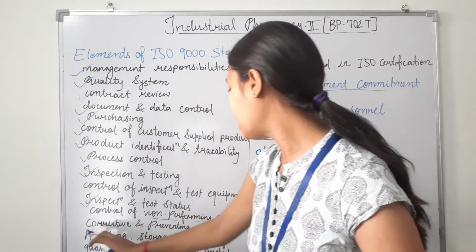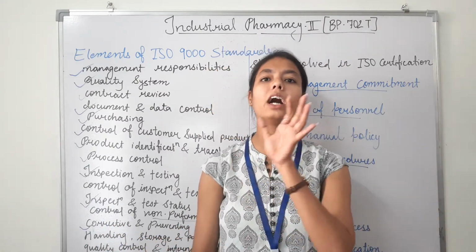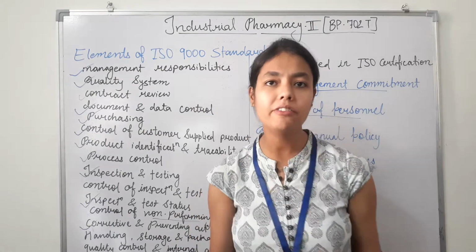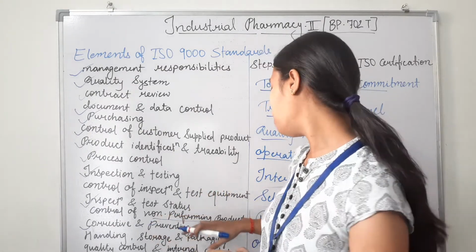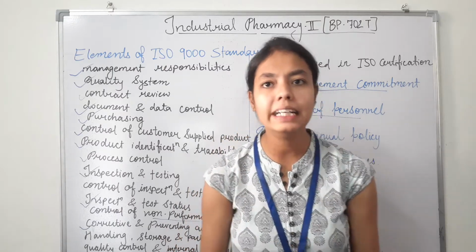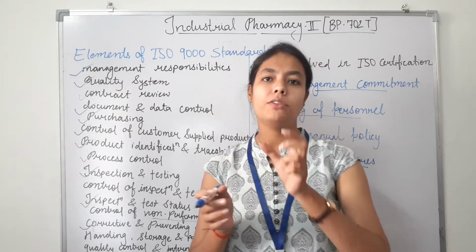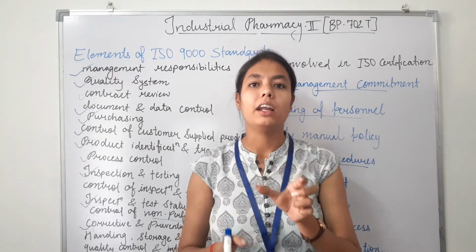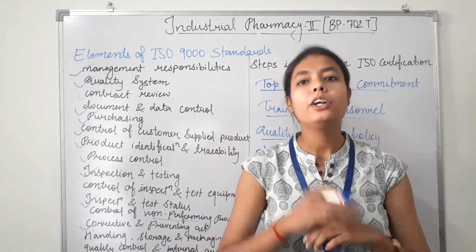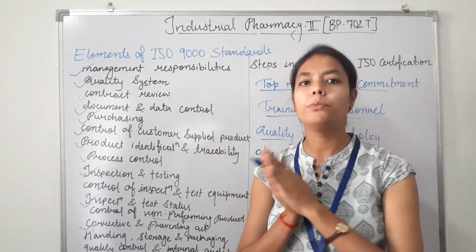After that, the corrective and preventive action. So what corrective and preventive action have we taken for the non-performing product? These clauses provide for detailed and timely documentation of the corrective action taken. Time must be taken to learn from mistakes, but strict avoidance of the mistake must be achieved.